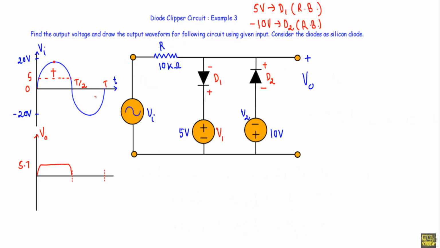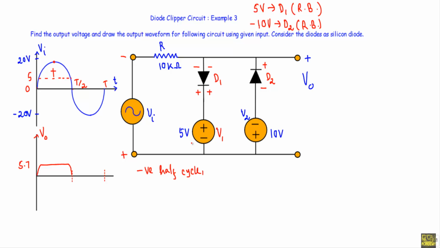Now consider the negative half cycle or the voltage between T/2 to T interval. During negative half cycle, this terminal will be at lower potential and this terminal will be at higher potential, and the negative terminal of the input voltage Vi is connected with the P side of the diode D1 and positive terminal is connected with the N side of the diode D1.